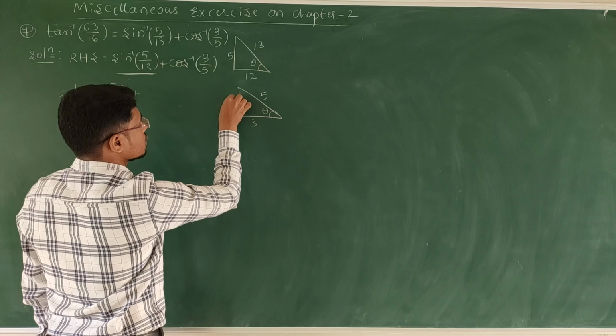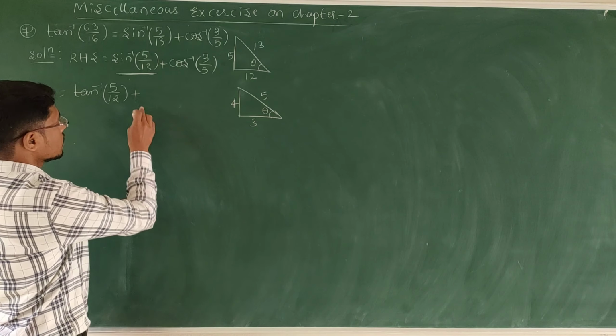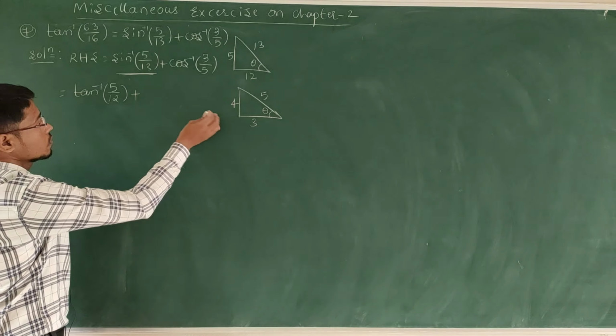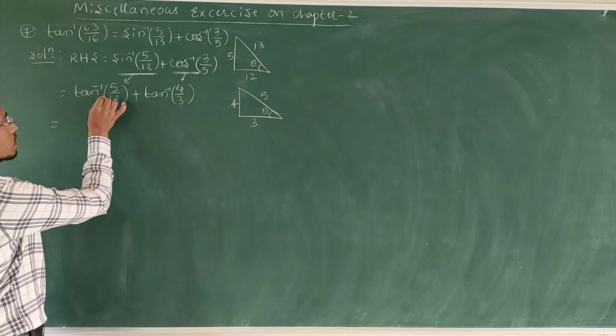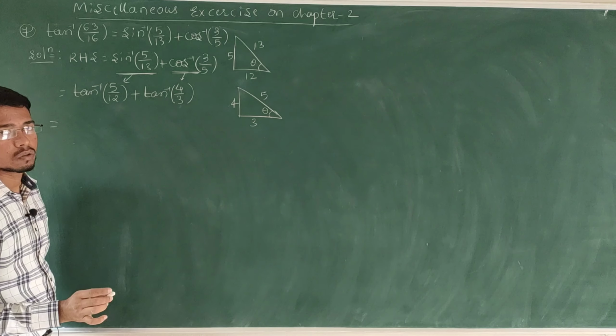One more triplet is 4. So tan inverse of opposite divided by adjacent, 4 by 3. Sin inverse is equal to this, cos inverse is equal to this. So then now the tan inverse of x plus tan inverse of y formula.